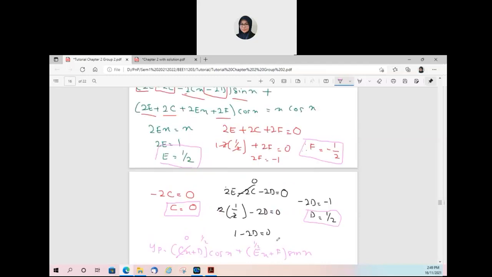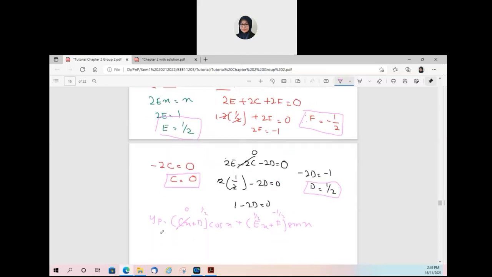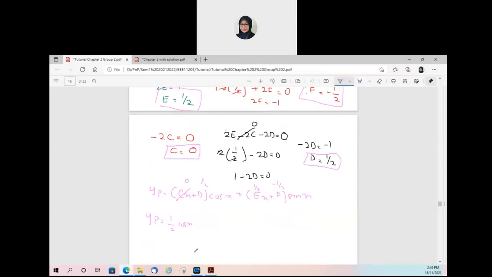F is minus 1 over 2. Then your YP will be 1 over 2 cos X plus 1 over 2 x minus 1 over 2 sin X. Okay, this is YP.